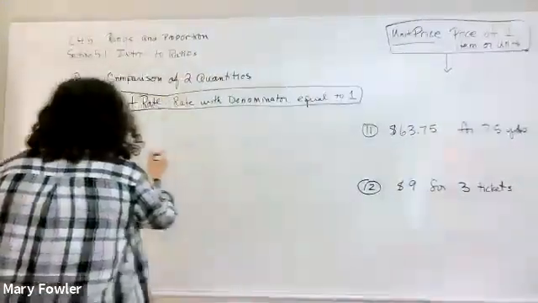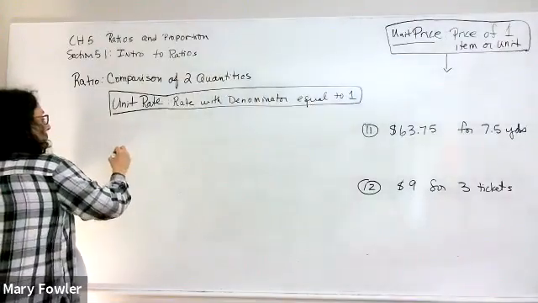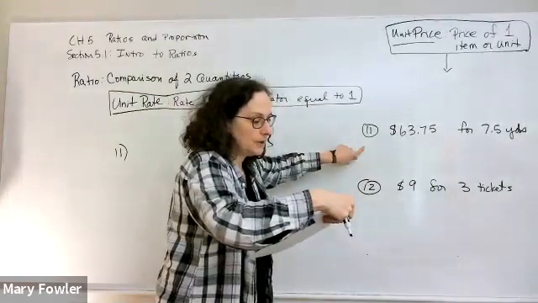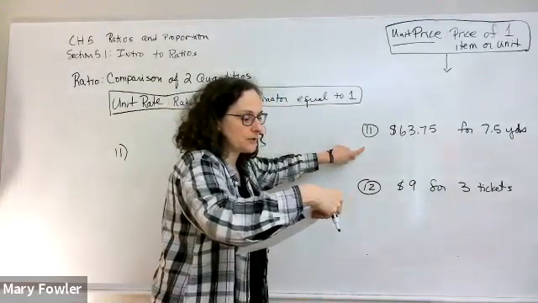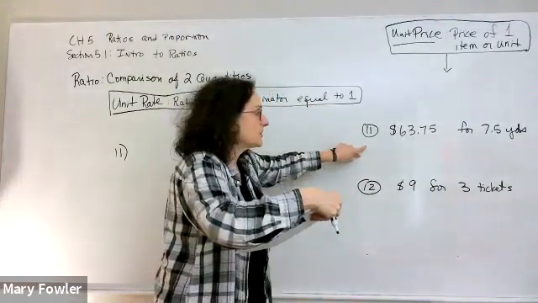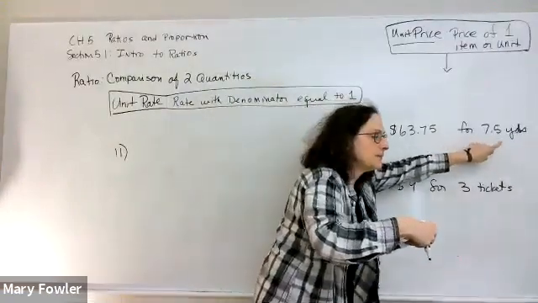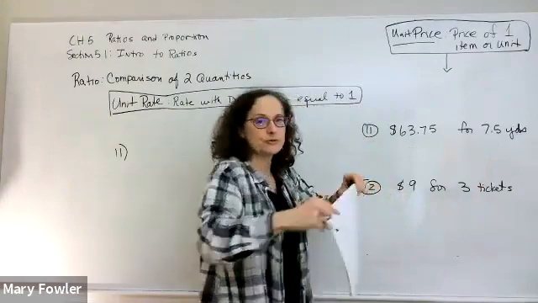Okay, so moving on to number 11, we're asked to find the unit price of the trim for a costume. It costs $63.75 for 7.5 yards of trim.